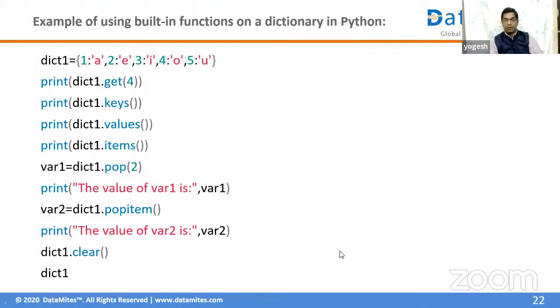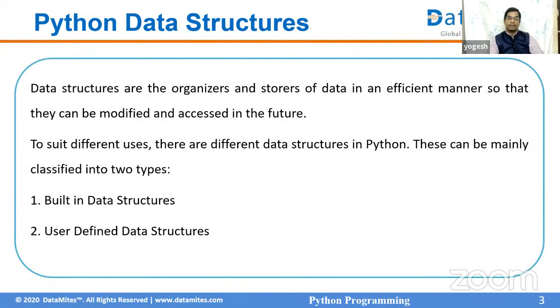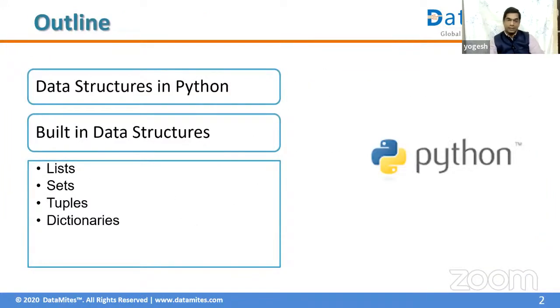A quick recall of what I have taught you all in this session. We have seen the different inbuilt data structures in Python. We have seen lists: how to create a list, how to access its elements, how to add at a particular position, how to add at the end, how to remove at the end, and how to modify the list.